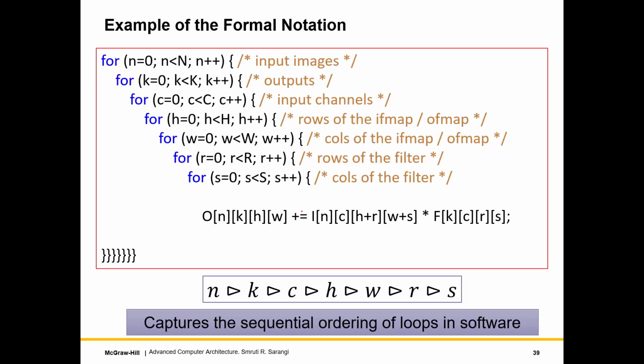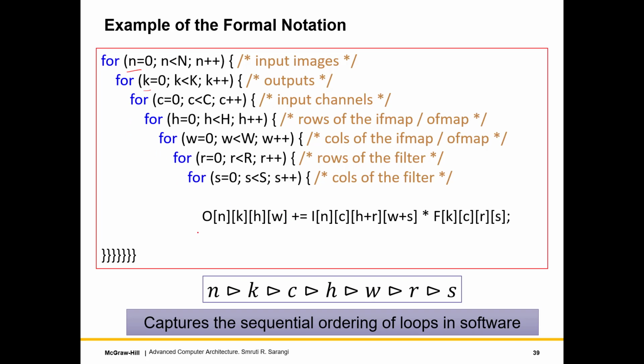So let us now look at the formal notation. In the formal notation, we have these 7 loops, right? This code we have seen, but if you actually think about it, what is the information that we are capturing over here? The order of the loops is what is important. And as I have said earlier, reordering the loops makes no difference with respect to correctness, but performance is a different matter.